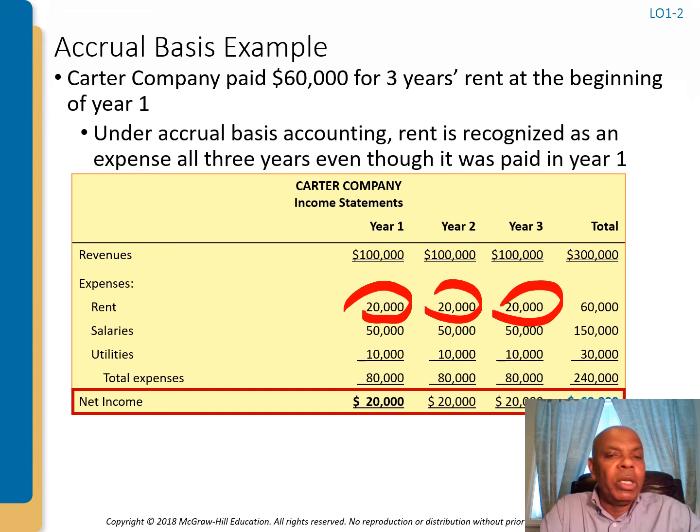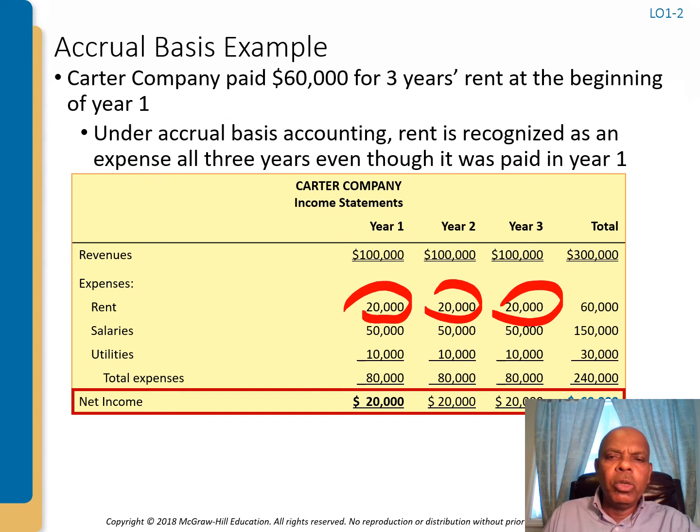You assume utilities usually don't change that much, unless you have a very different type of operations introduced in different years, but utilities are usually in the same ballpark, right? So it's 10,000 the first year, though they only paid 5,000. That's the amount they reported on the cash basis. Now if you're using accrual basis, you use not what we paid, but how much is the cost for that year. That's what happens.